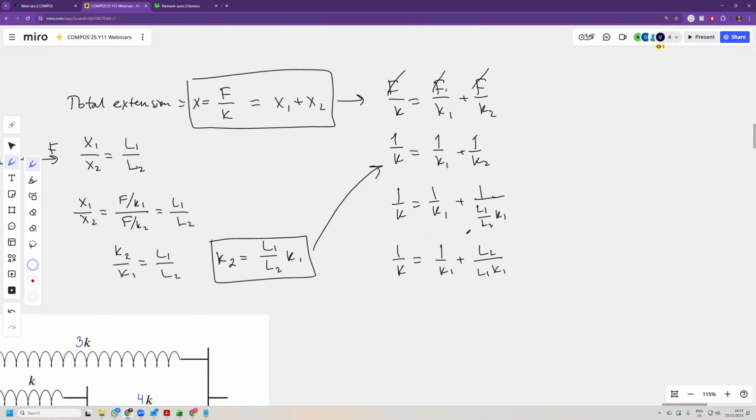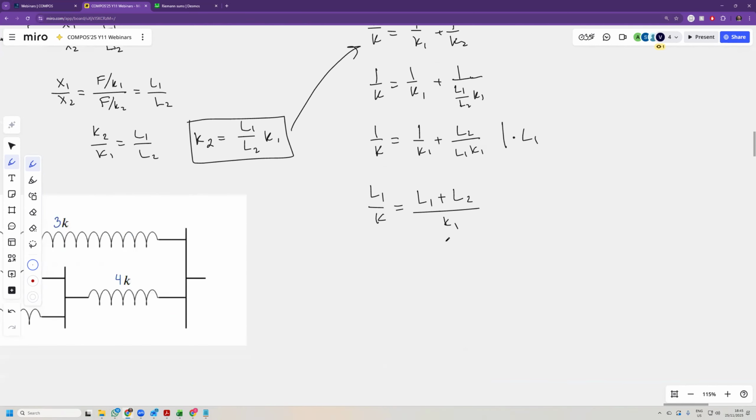I multiply this by L1, and I get L1 over K equals L1 plus L2 over K1. And here I can write K1 is L1 plus L2 divided by L1 multiplied by K. Wow. Okay.